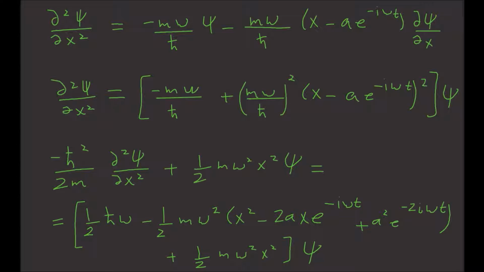Alright, so let's simplify this a little bit further so we can see what it looks like. So this is going to equal 1/2 h bar omega plus mass times a times x times omega squared times e to the minus i omega t minus 1/2 m omega squared a squared times e to the minus i 2 omega t times psi.